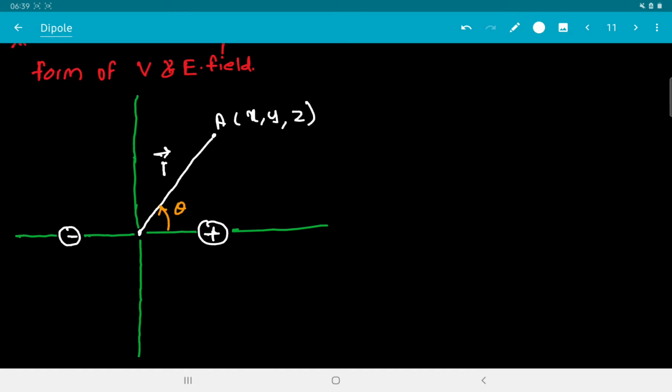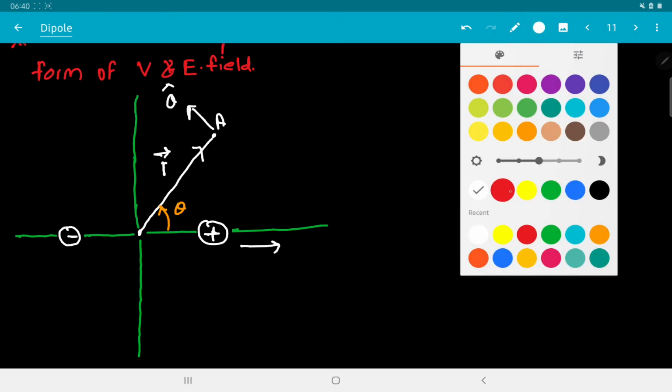For that, let us understand this. We have r cap in this direction, and we have seen that theta cap will be in the perpendicular direction to this r cap. This is the direction of theta cap. And we know the direction of the dipole moment is in this direction, from negative to positive. Let me draw the dipole moment at this point.